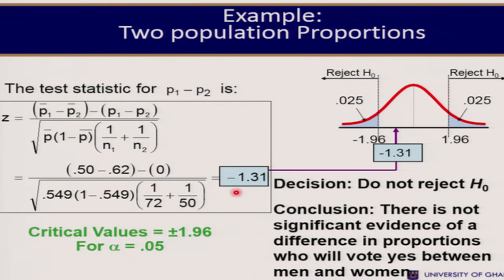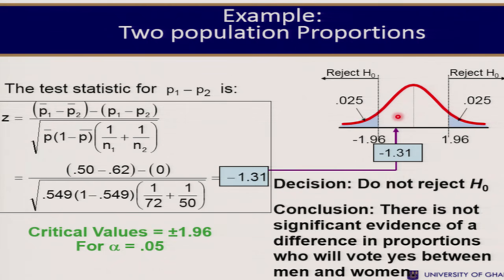Using alpha equals 0.05 and a two-tailed test, we have a critical value of plus or minus 1.96, and then we have a calculated value of minus 1.31, which falls within the acceptance region.